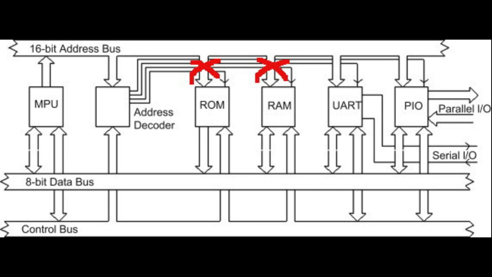What happens is that the actual address that goes to the ROM or the RAM or whatever else is not the same that the CPU is putting on the address bus. So the CPU is going to access something, and a different location gets selected.